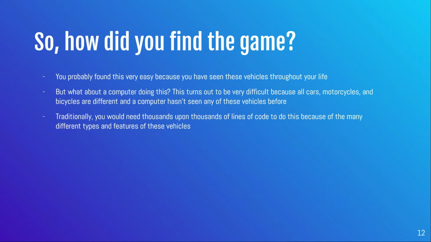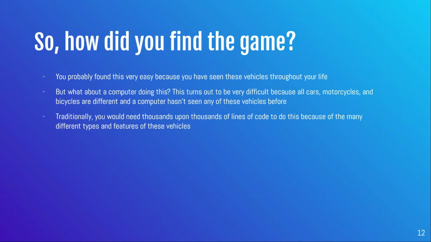Well, this turns out to be very difficult because all cars and motorcycles and bicycles are different. They all have different shapes, sizes, colors. For example, a sports car and an SUV look very different, but they're both classified as cars. You also have to consider that the computer has no idea what any of these vehicles are because it's never seen them before.